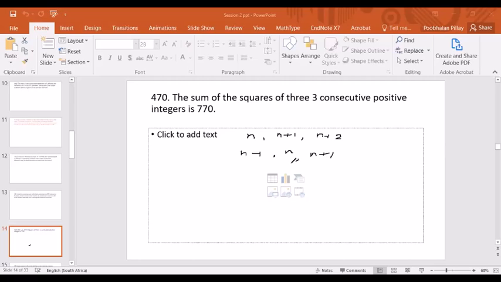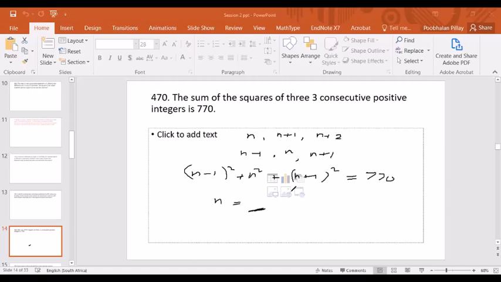Now you're squaring all these and adding them, and you get 770. So the equation is immediate. There's one unknown, namely n, and you can use the quadratic formula and calculate what n is.